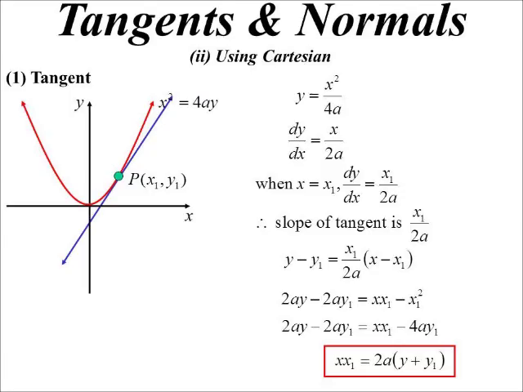It still has that feel of x squared equals 4ay. It's just that one of the y's is a coordinate, so we call it y1. It's an interesting feature, and it actually happens for all of conics, all the different conic shapes. It works when you're doing tangents to ellipses, tangents to hyperbolas, circles, all of them turn out that way.